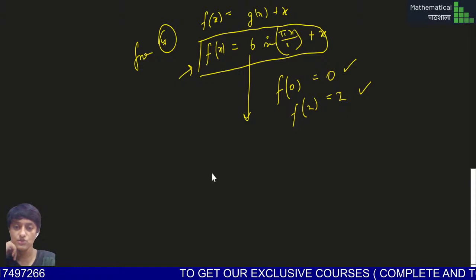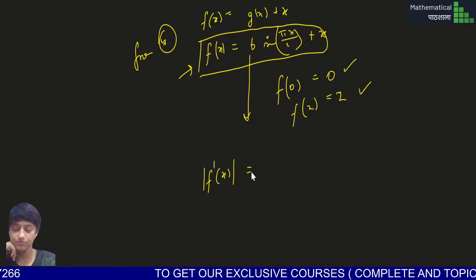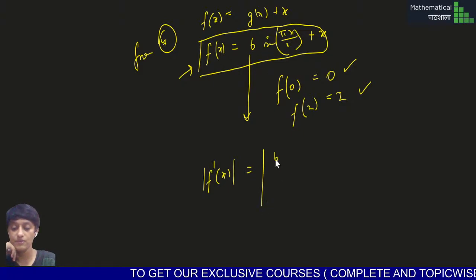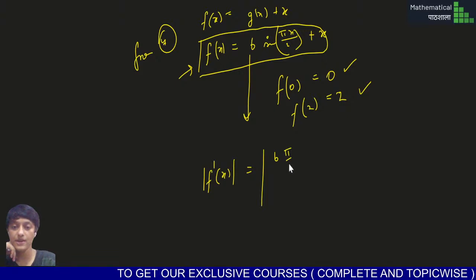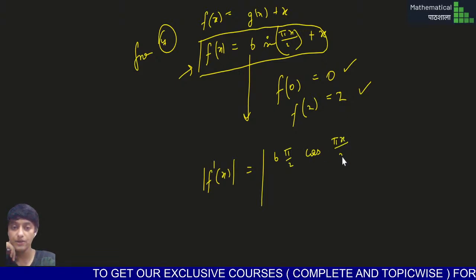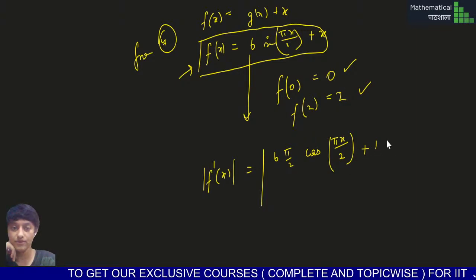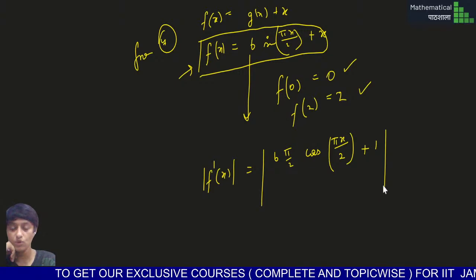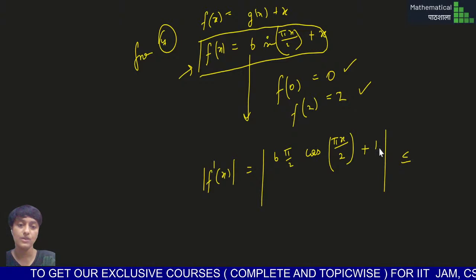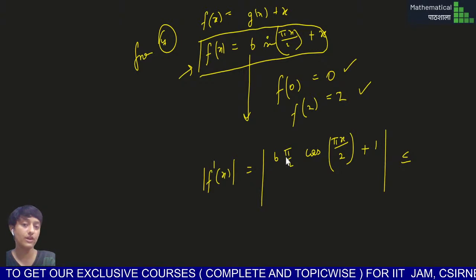This is f(x). So let us take f dash x and the absolute value of f dash x. Just differentiate it. It will be b times pi by 2 into cos(pi x by 2), plus 1, the differentiation of x being 1, and whole mod. So this will be less than or equal to 1 plus, see, mod b is less than or equal to 1 by pi, from equation number 3 above.